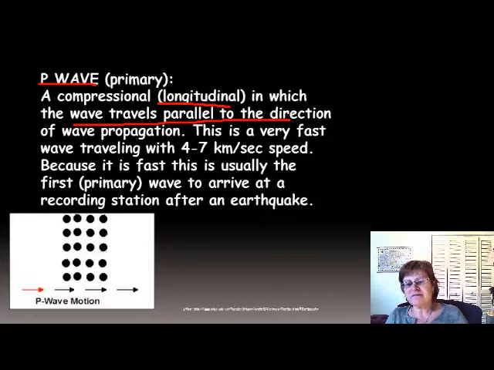It is a very, very fast wave. That's why we call it primary, and it travels between 4 to 7 kilometers per second. Because it is fast, this usually is the first wave to arrive at the seismic station after an earthquake. So this just shows you the way it travels.